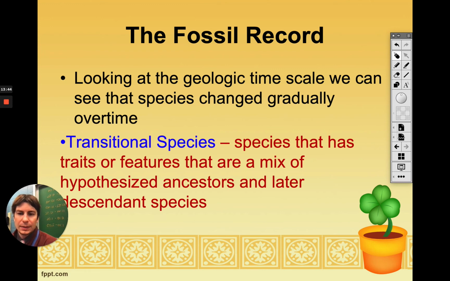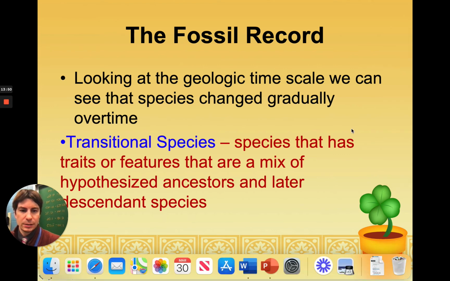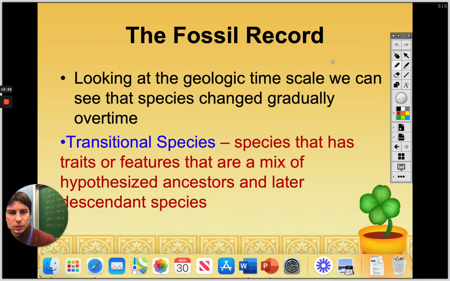When we're talking about transitional species, just like us and monkeys, on our tree we're going to have monkeys on this side, and we're going to have humans. Right here is where our common ancestor or our transitional species was. So we got a fork in the road, and that gave rise to both of these different organisms right here.